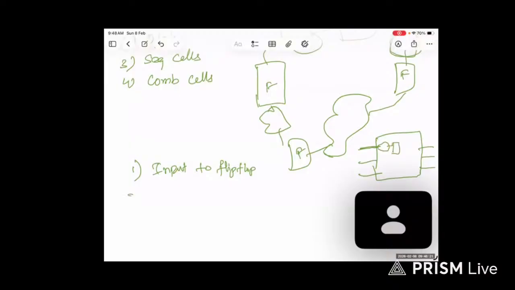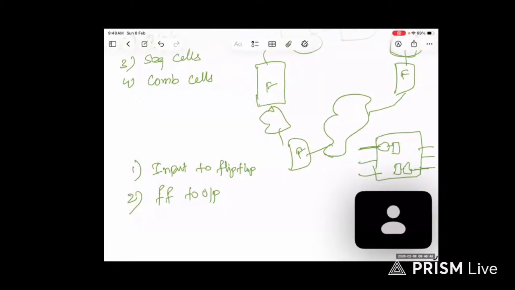Second path is flip-flop to output. You have a flop, you have some combinational logic, then this flop sends out data to the output pin.